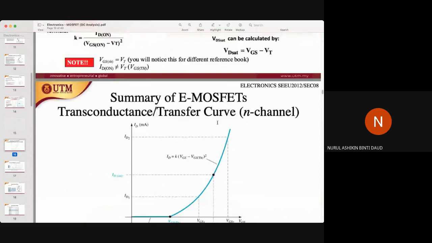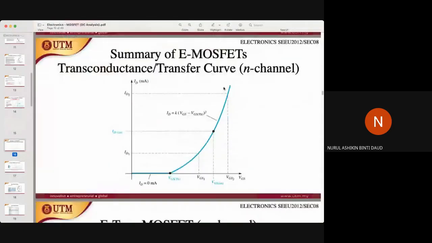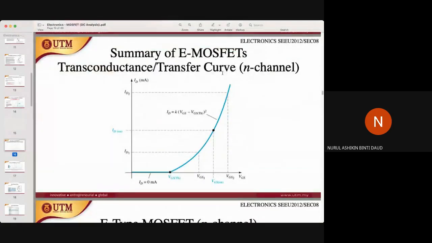Okay. Alright, so now let's look at this part. These are the summary of a MOSFET transconductance or transfer curve for N channel. Here you can find the value of ID. From this curve, you can find the value of the constant K using this formula.